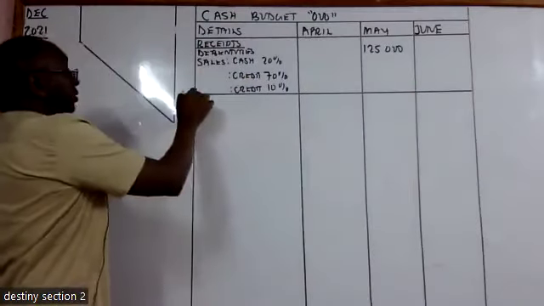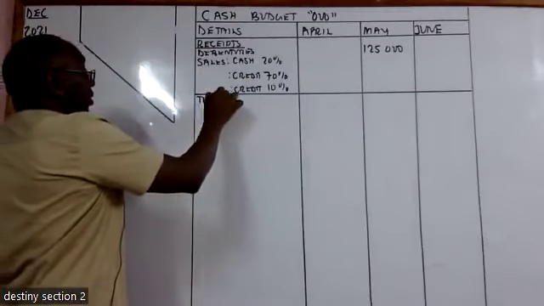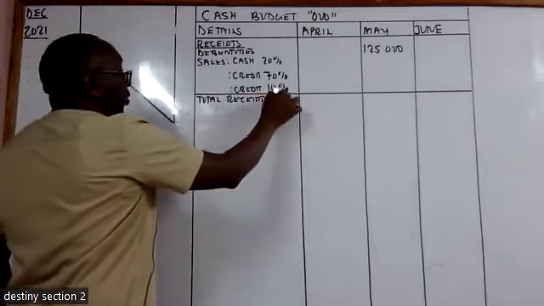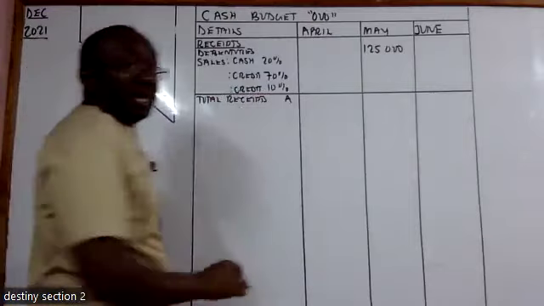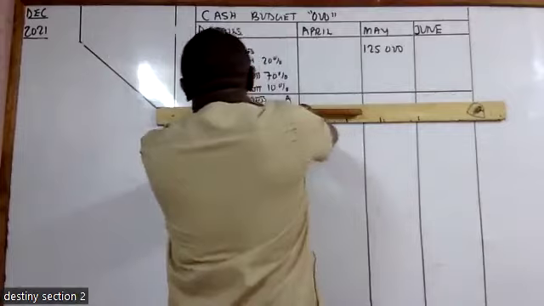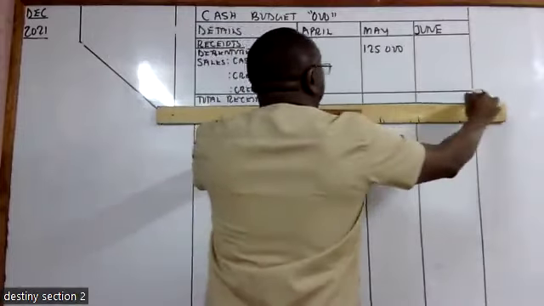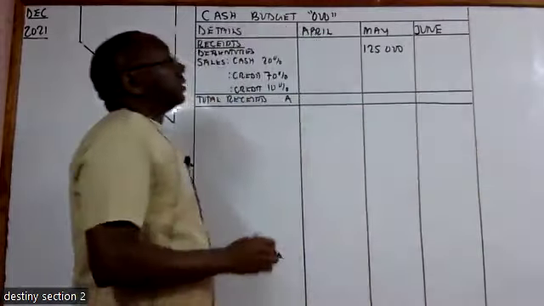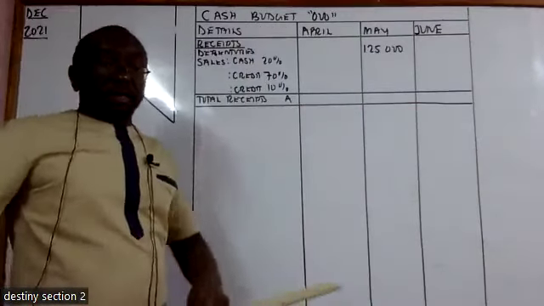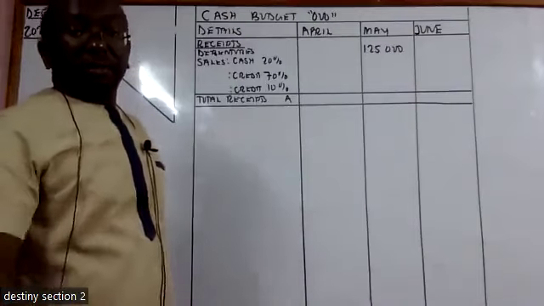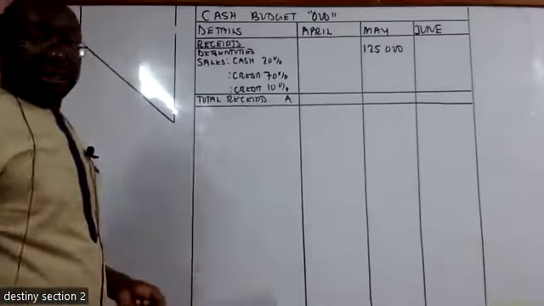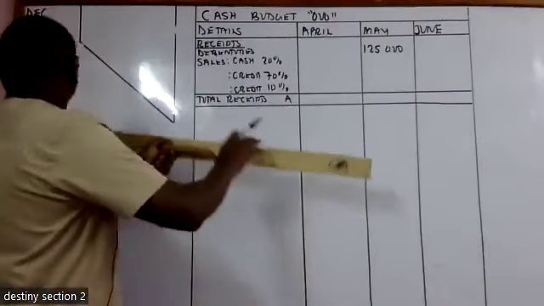We shall designate total receipts as A. We can finish with that first before going down, so that in case there will be workings you have space.